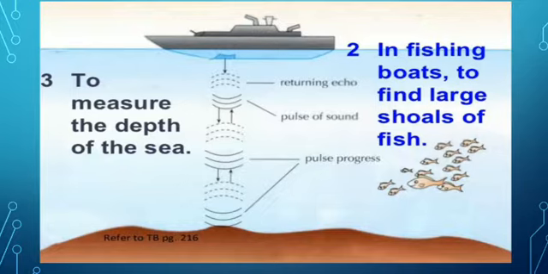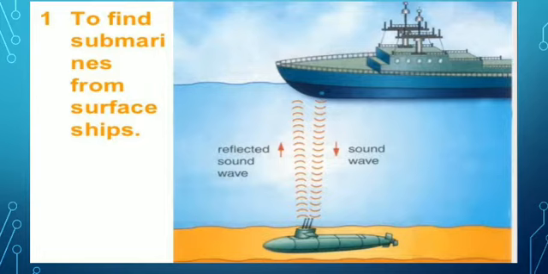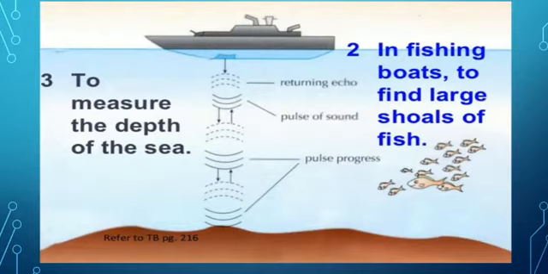So the time taken between these two will be calculated, and the depth of the sea also will be calculated. So what are the applications: to find the submarines, to measure the depth, and to find the fishing zones, that means the density of the fishes. These are the main applications of echo.